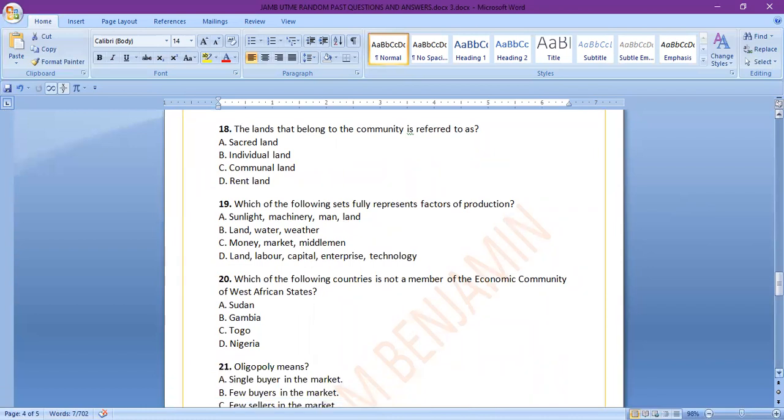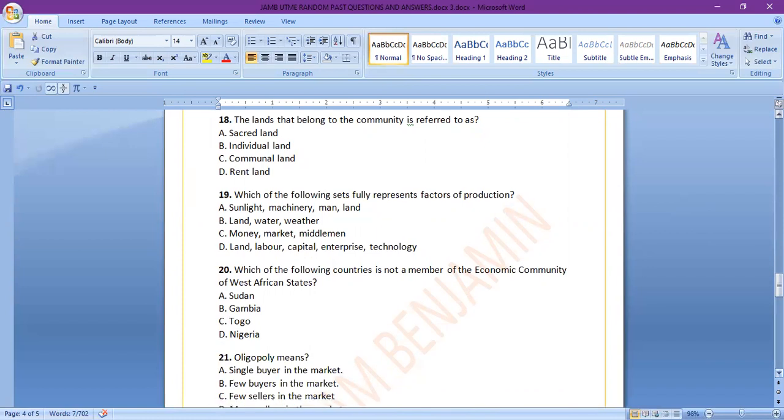Number 18, the land that belongs to the community is referred to as A, sacred land, B, individual land, C, communal land, D, rent land. The answer is communal land. Anything communal is jointly owned, collectively owned by the community.